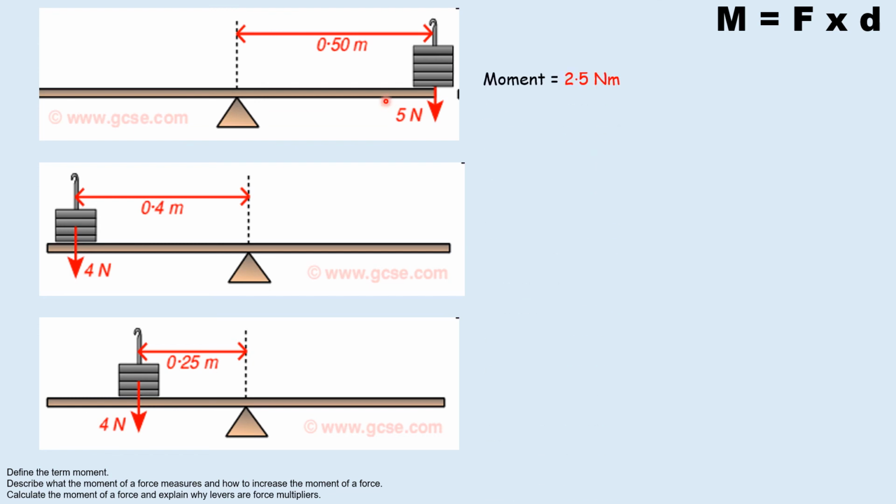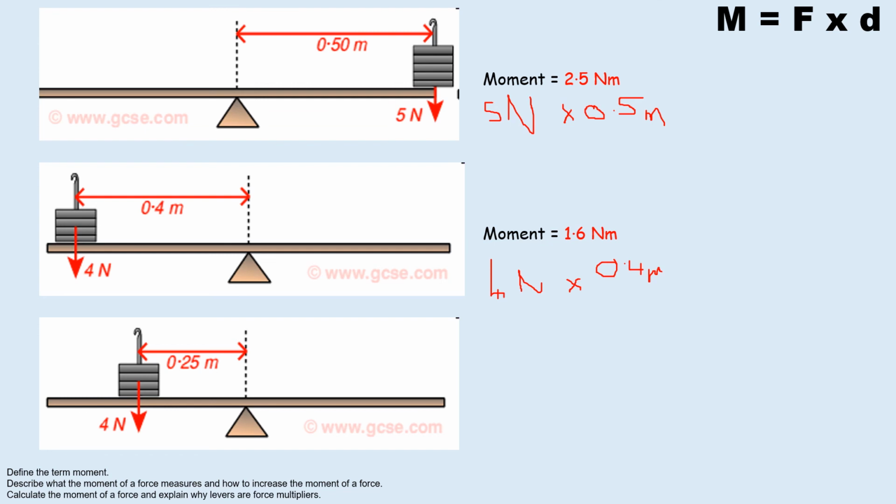Okay, so the first one, the moment is 2.5 Newton meters, because you would do 5 newtons times 0.5 meters. For the next one, you would do 4 newtons times 0.4 meters, and that would be 1.6 Newton meters.